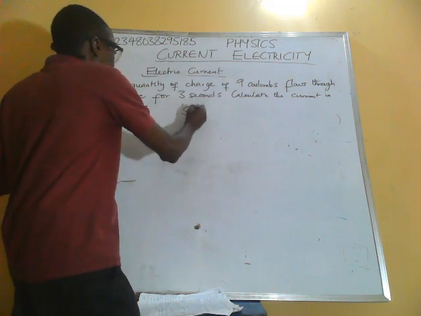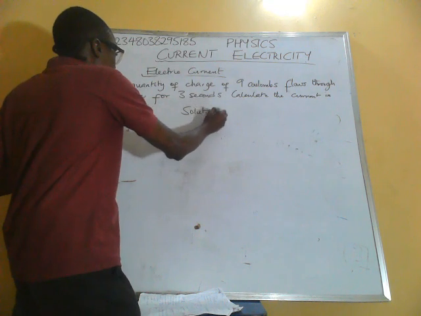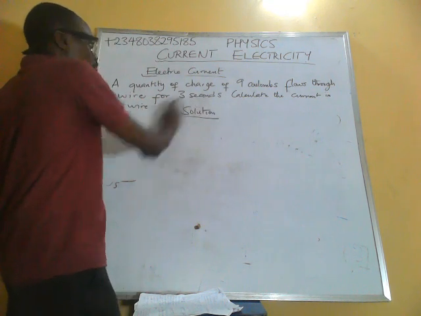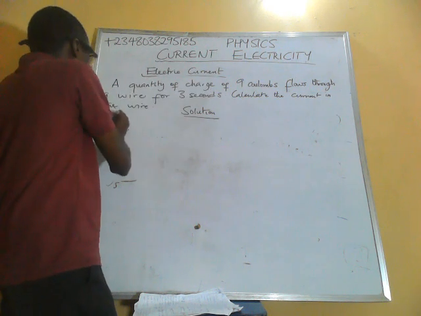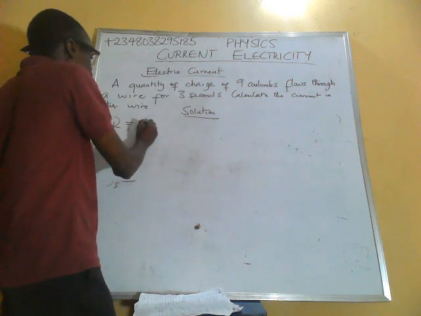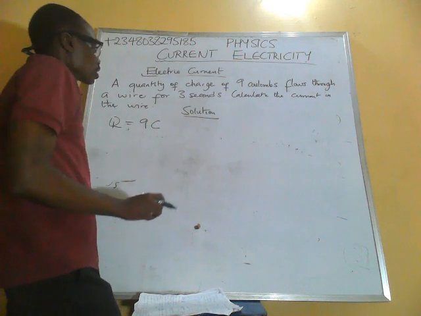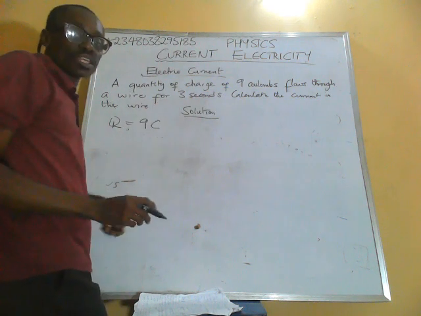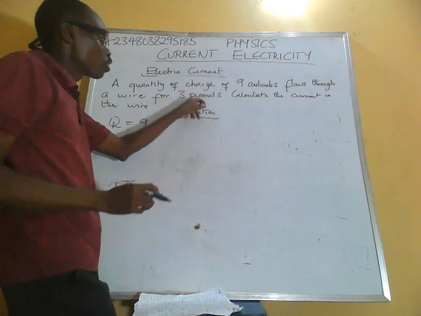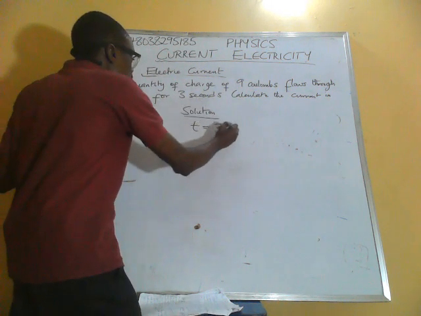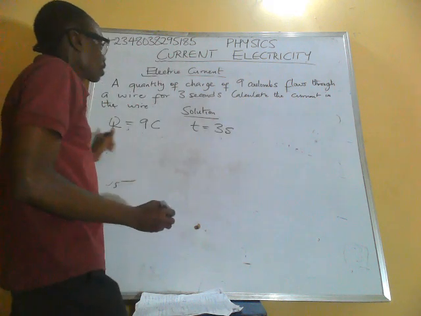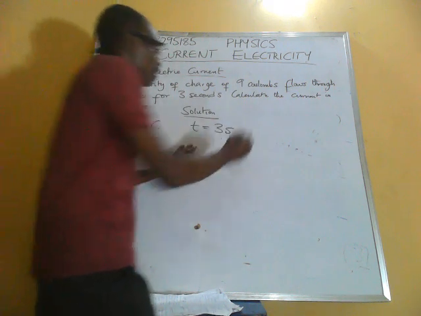Q equals 9 coulombs. It flowed for 3 seconds, so the time is 3 seconds. What are we going to calculate? The current I.